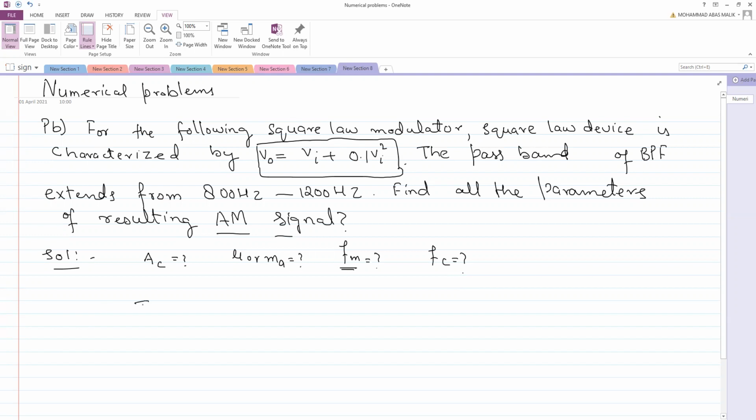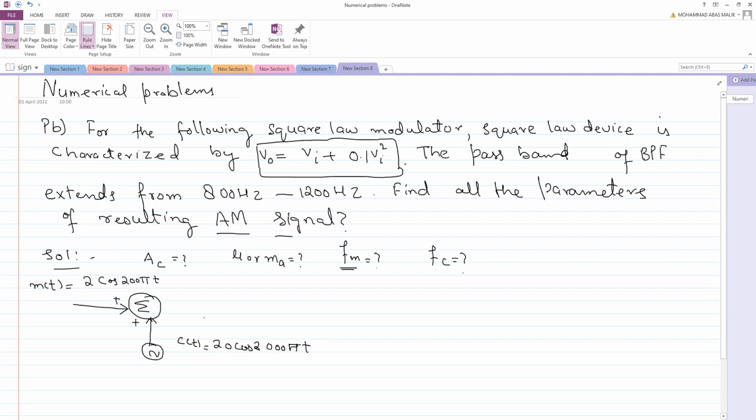So you have m of t, your message signal, equal to 2 cos 200 pi t. Then it is added to the carrier signal generated from the oscillator, c of t, equal to 20 cos 2000 pi t.